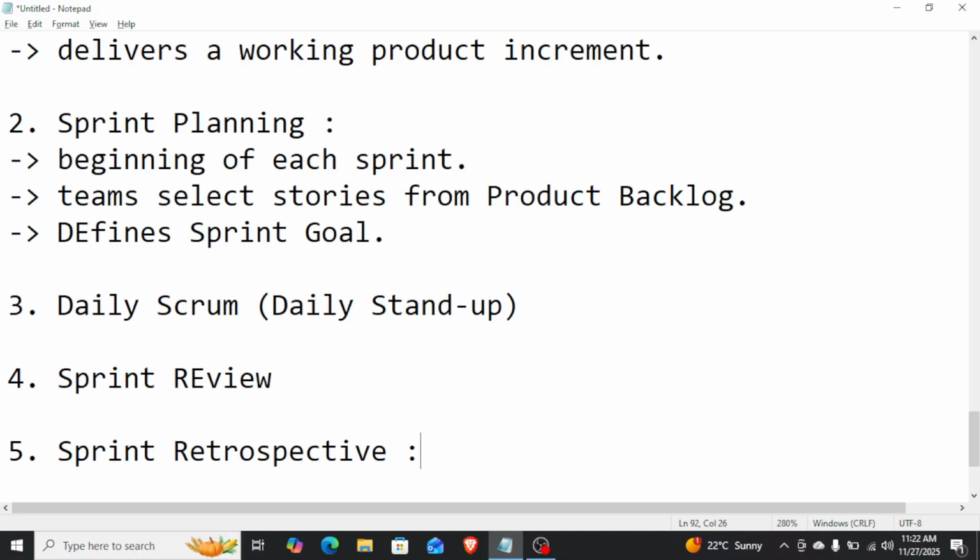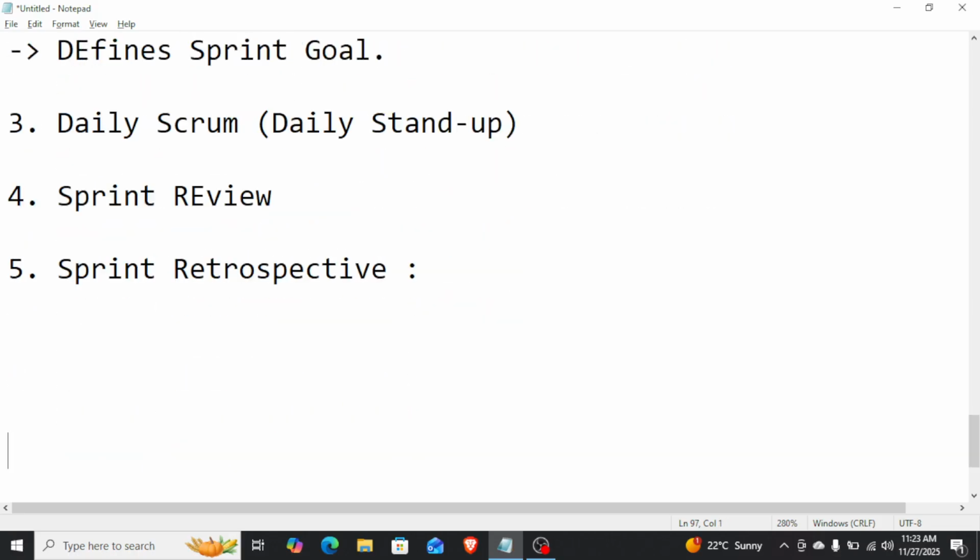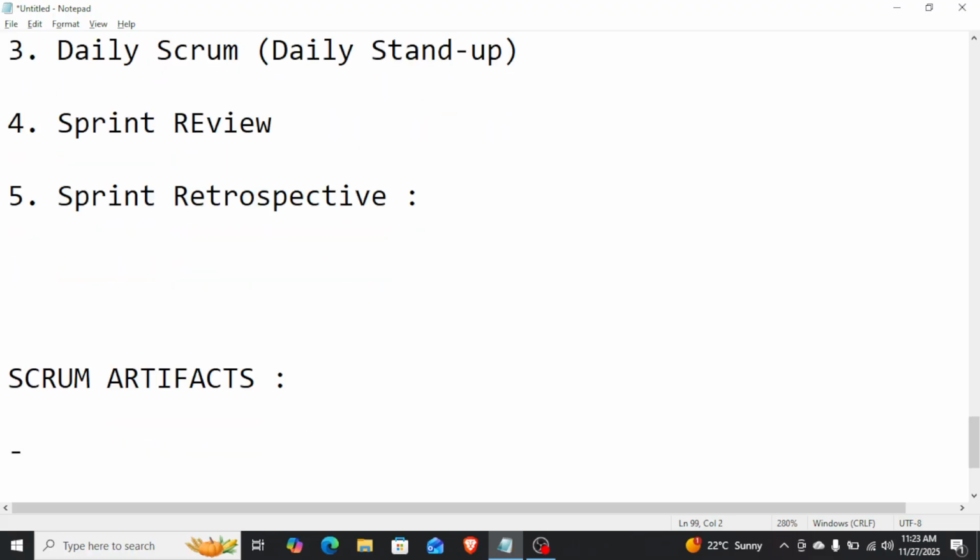Now we will see the Scrum artifacts. There are three artifacts in Scrum.